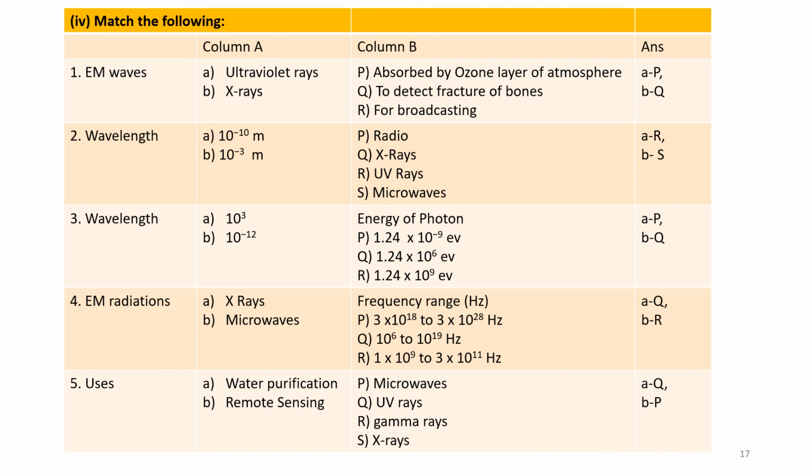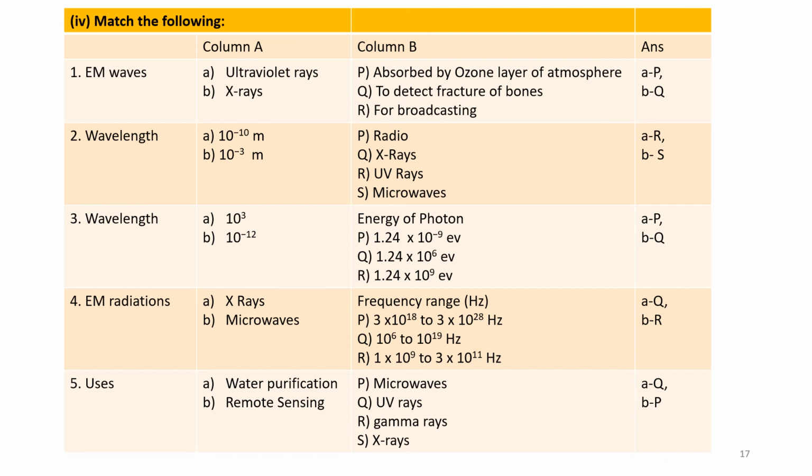So we know ultraviolet rays are absorbed by the ozone layer of atmosphere. So A matches with P. X-rays we know we use for detecting the fracture of bones. So B is Q.